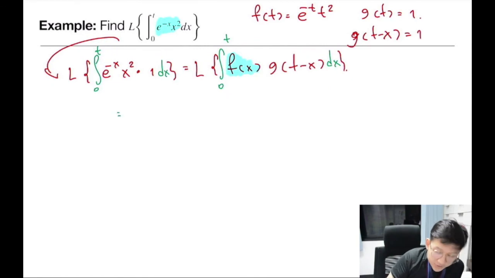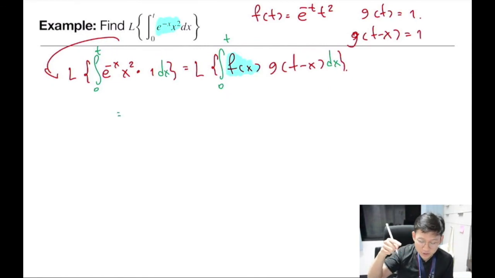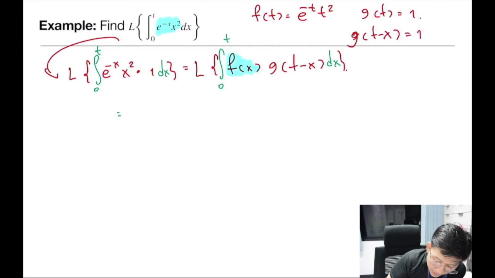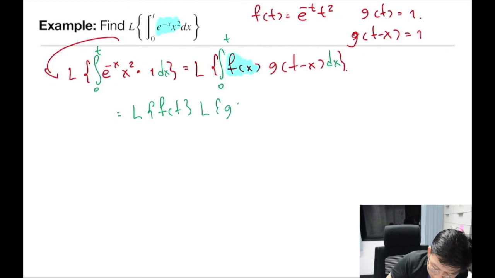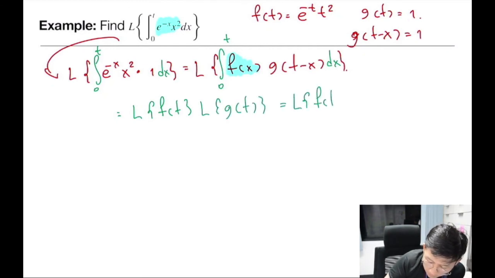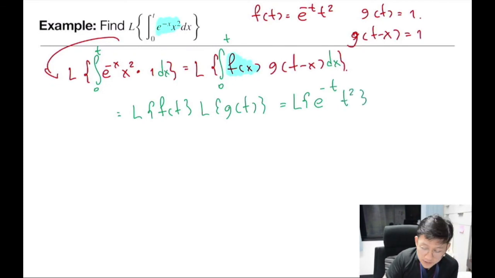This is actually the note that we have. So it would be the Laplace transform of f(t) times the Laplace transform of g(t), which is the Laplace transform of e to the minus t squared times the Laplace transform of 1.